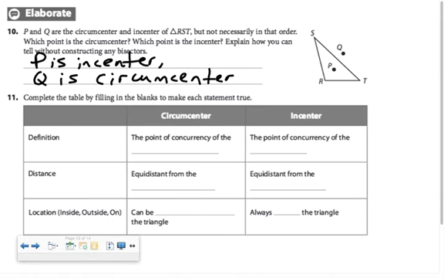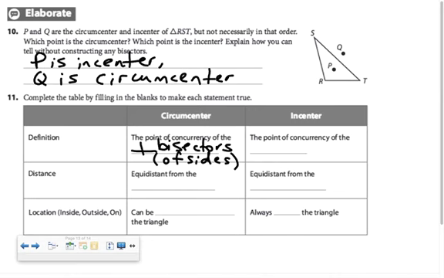Okay, so we have this table that hopefully helps you keep track of the difference between the circumcenter and the incenter. The circumcenter is the point of concurrency of the perpendicular bisectors, and of course those are of the sides.